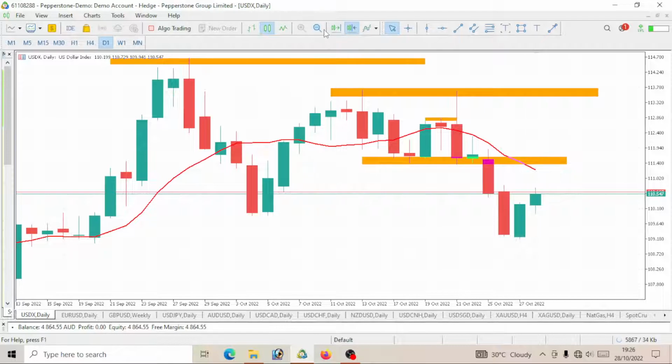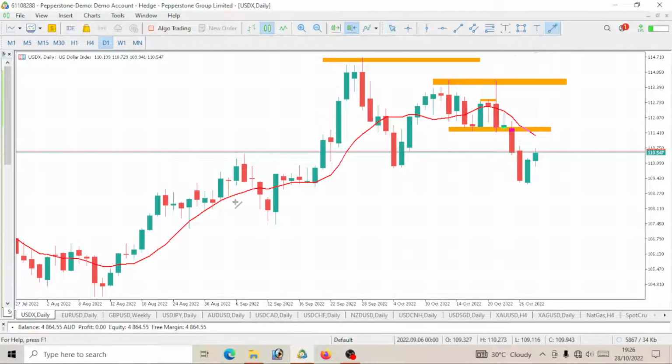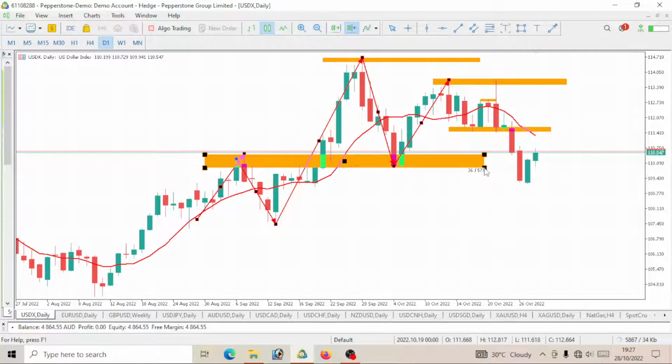Now take a look at this level here. We saw price come to this level, right? On our USD index, price dropped, right? Once price broke above it, we saw price reacted here. We saw price came to this same level where it once reacted, and we saw it went up, it bounced up, right? So I've highlighted this level.